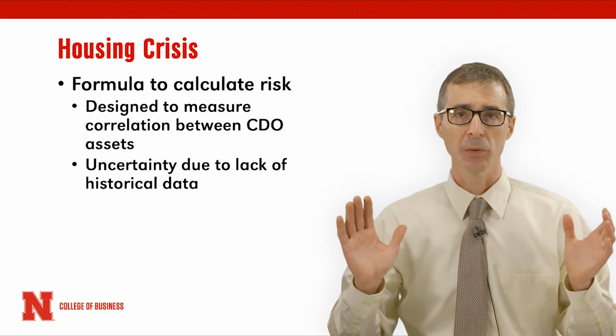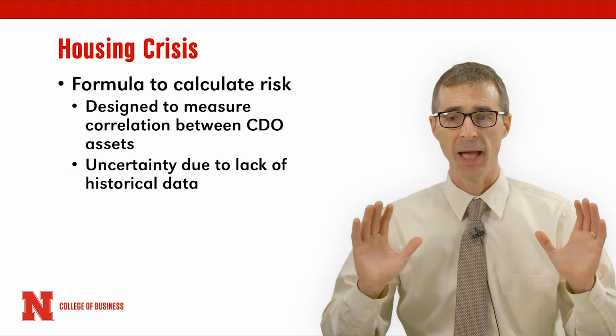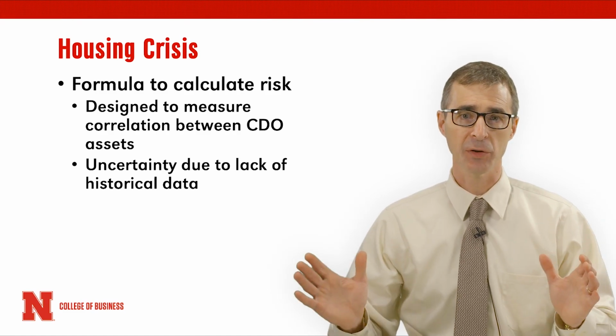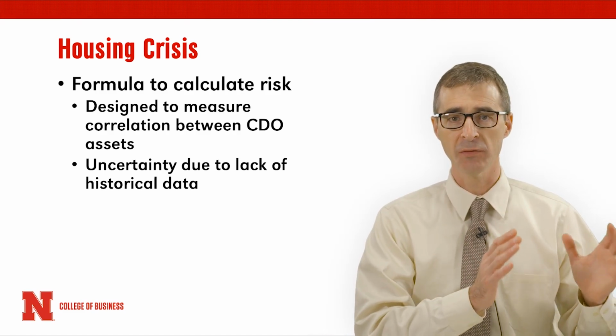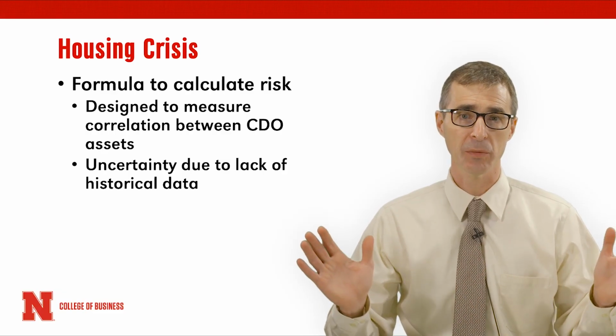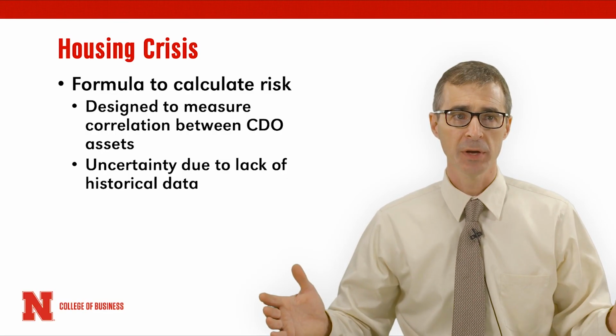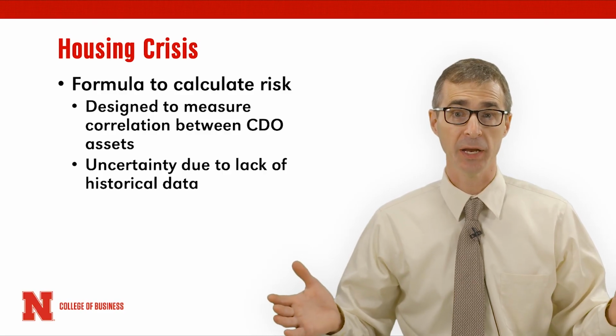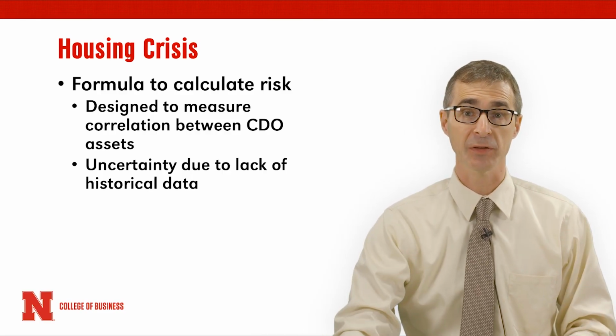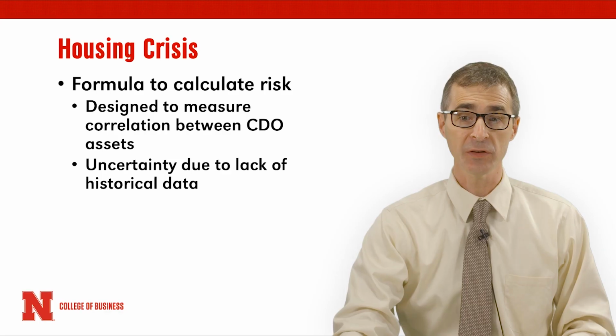Now, there was some uncertainty about how one asset's failure would affect the prices of other assets. Part of that uncertainty was the result of never having gone through an economic crisis when these types of instruments like CDOs existed.